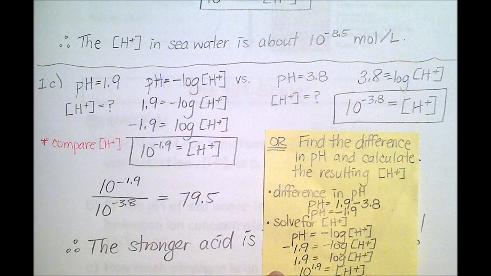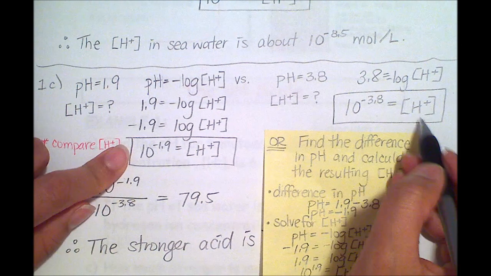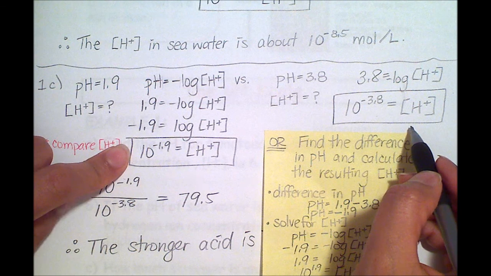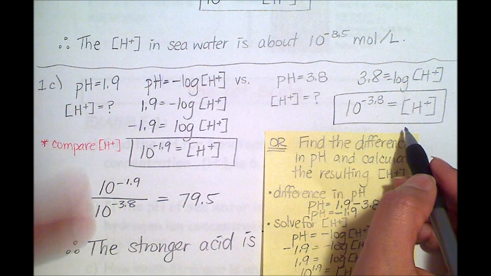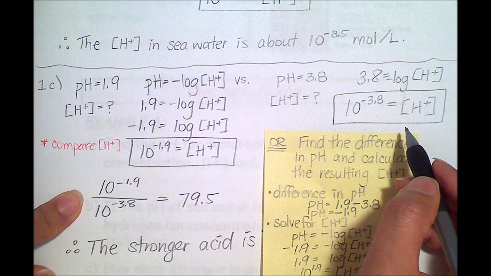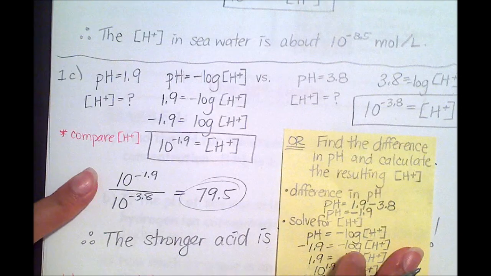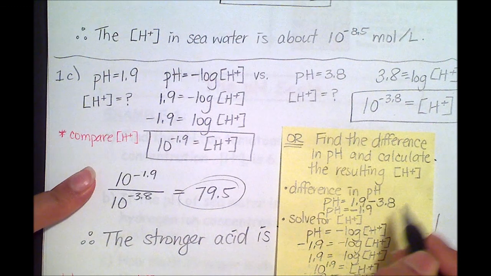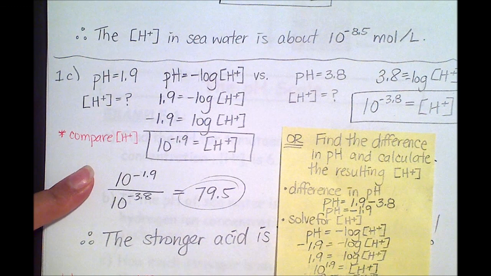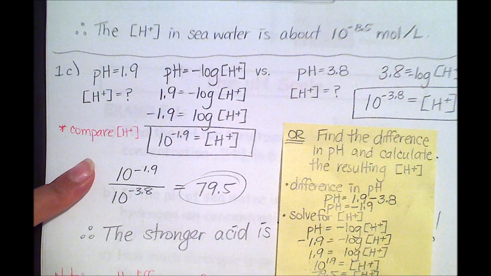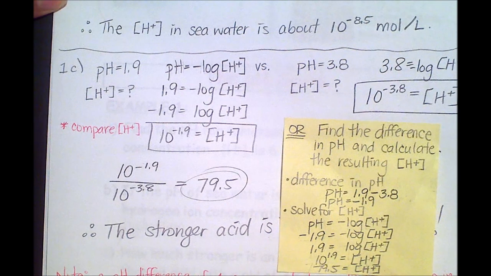So one way is to calculate the concentration of hydronium ion for each acid, and then based on that compare their hydronium ion concentrations, and you get about 79.5. Or the other method is to figure out the difference in the pH and use that difference to figure out how much stronger, or how much greater, the hydronium ion concentration is.